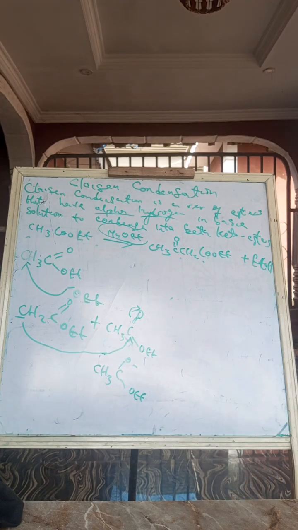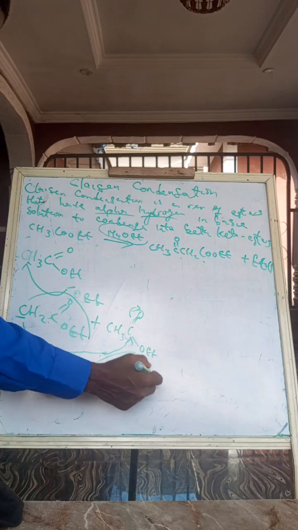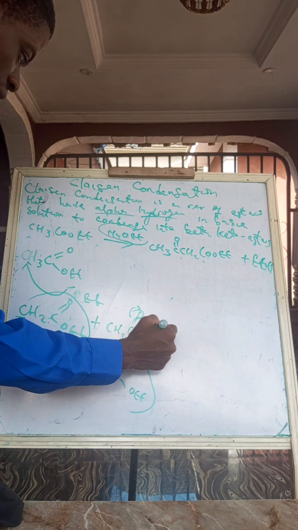So you can see we eventually have this. The next step is to link this part and this part together to form our carbon-carbon bond. To link both of them together, you have this.